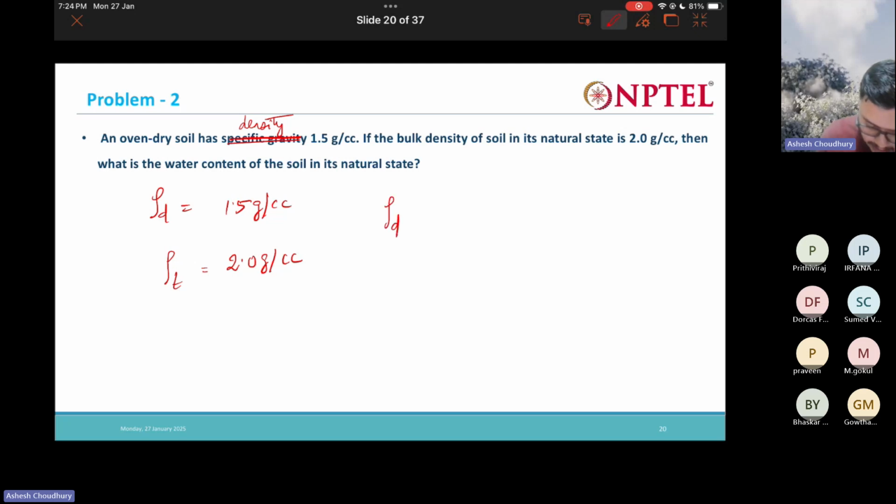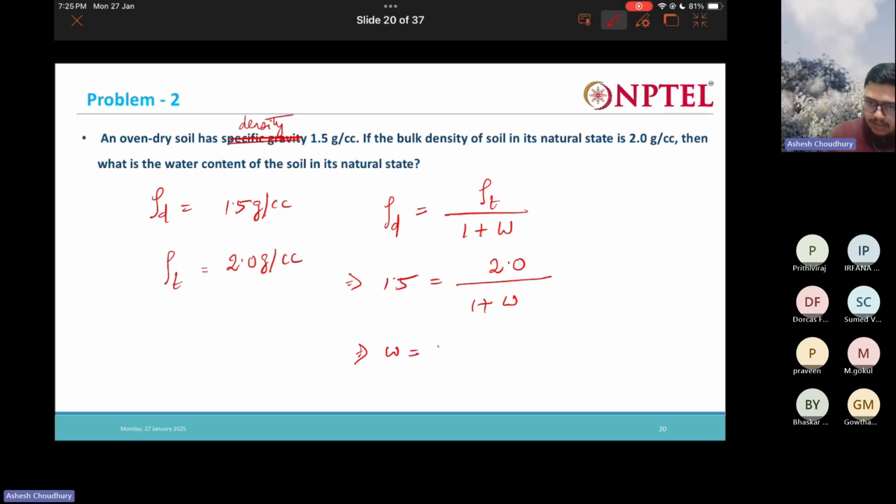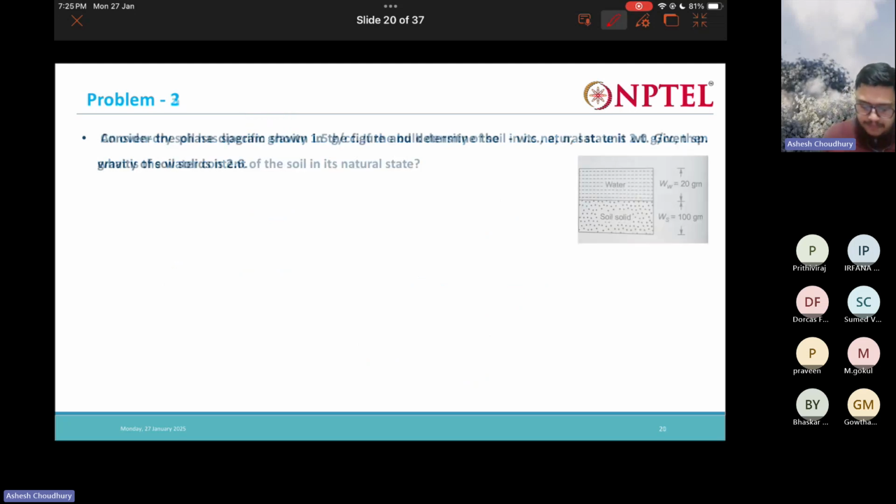Sigma d is sigma t by 1 plus W. So sigma d is 1.5, sigma t is 2.0, 1 plus w. From here w is 33%. Okay, it's very simple, right?